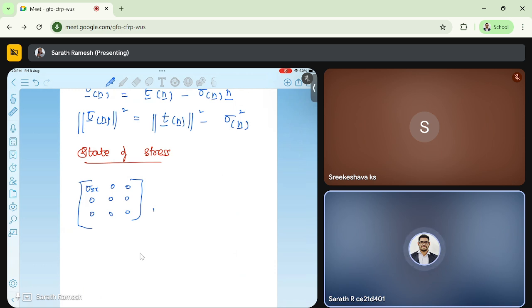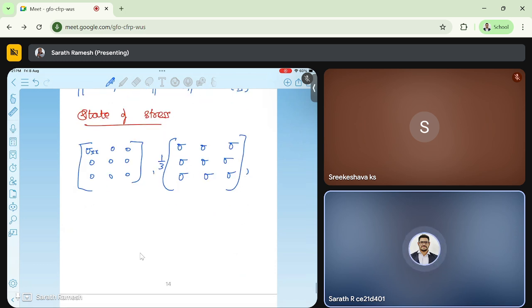And another stress state which looks like this: all entries are sigma, with 1 by 3 as a common factor.